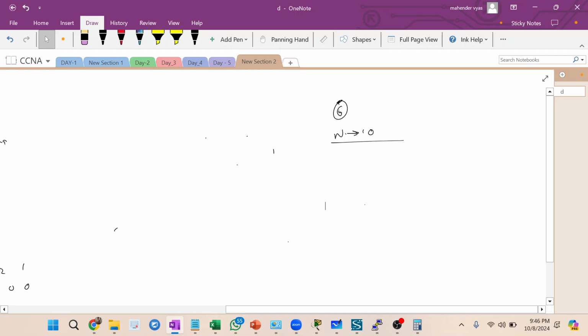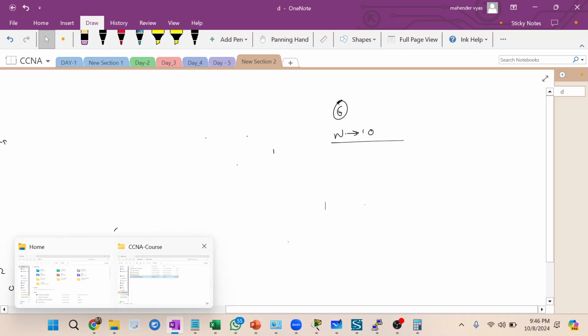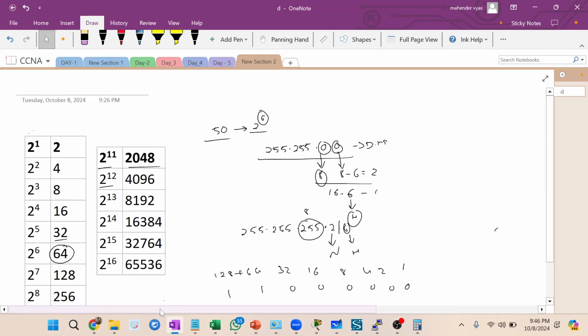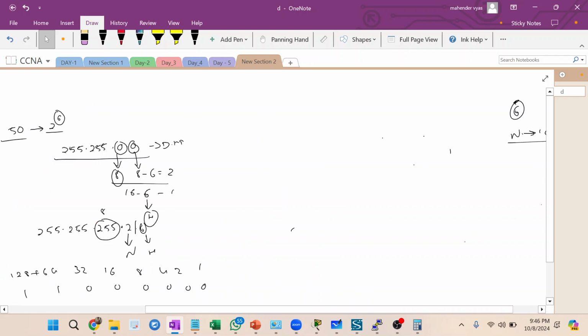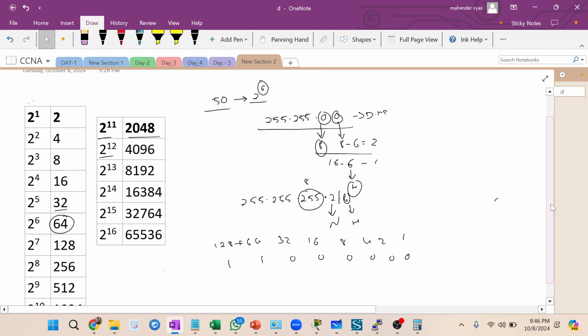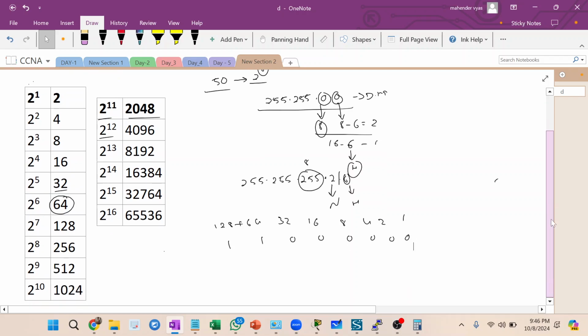I think you all are math experts, so you have it. I am not a math expert, so I need to take it from Google. You take this photo if you want, or else you can prepare your own 2 power table. It's not a big deal.